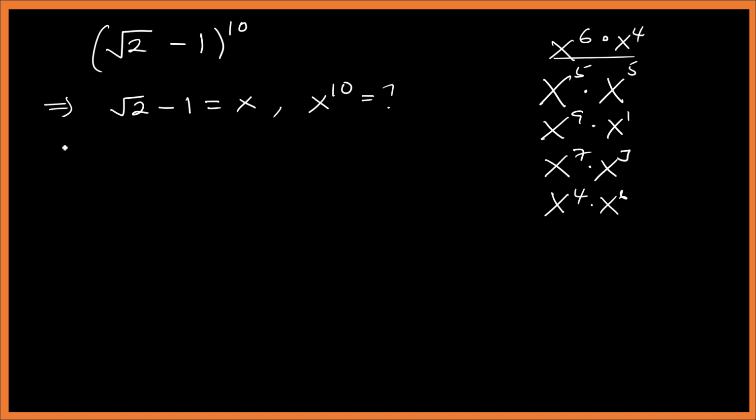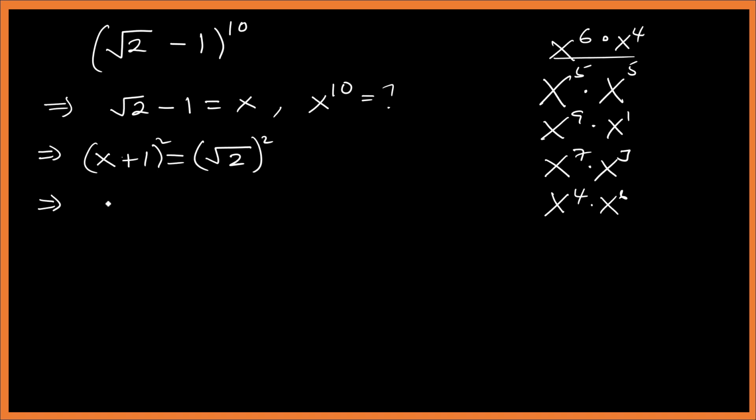So what we are going to do is to write this one as x. Let's send the minus 1 to this side, so it will be x plus 1 equals square root of 2. Okay, so let's square both sides as we get rid of the root sign.